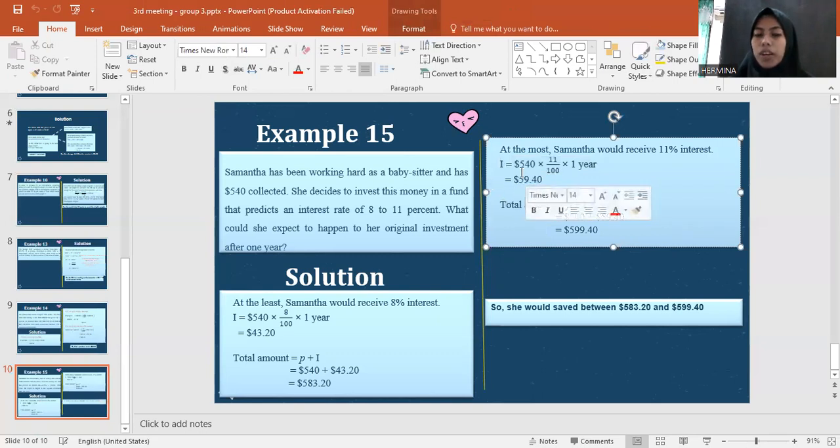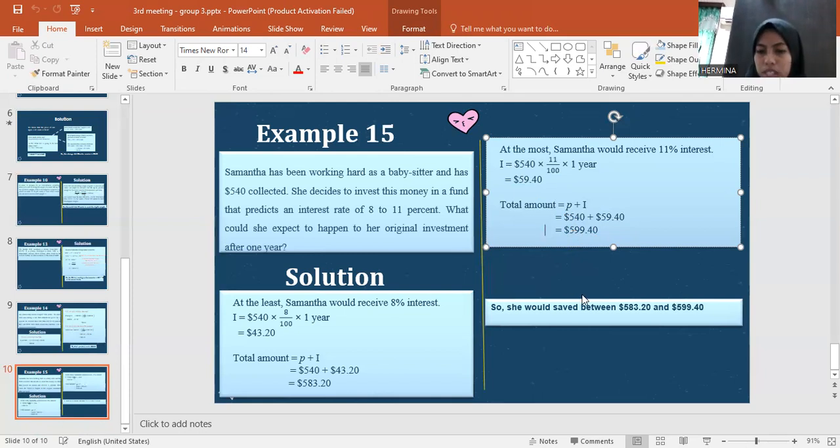Interest is equal to $540 times 11 over 100 times 1 year, so it equals $59.40. The total amount, P plus I, is equal to $540 plus $59.40, which equals $599.40. So she would have between $583.20 and $599.40.